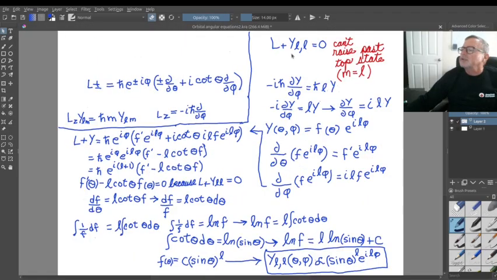I want you to concentrate on this first. The L up ladder operator on Y_LL has to be 0 because you can't go past the top state. Over here we have some things in a little toolbox. Here's the ladder operators in spherical coordinates.